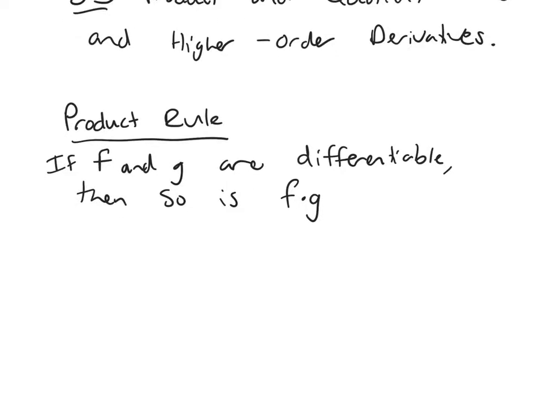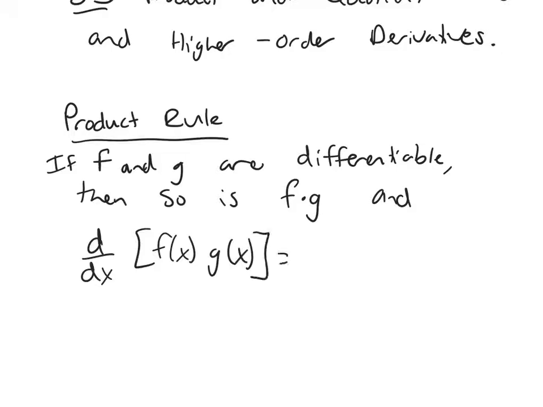And if we want to find the derivative of f times g, here's a formula. So the derivative would be f of x times the derivative of g plus g of x times the derivative of f. So let's look at an example here.